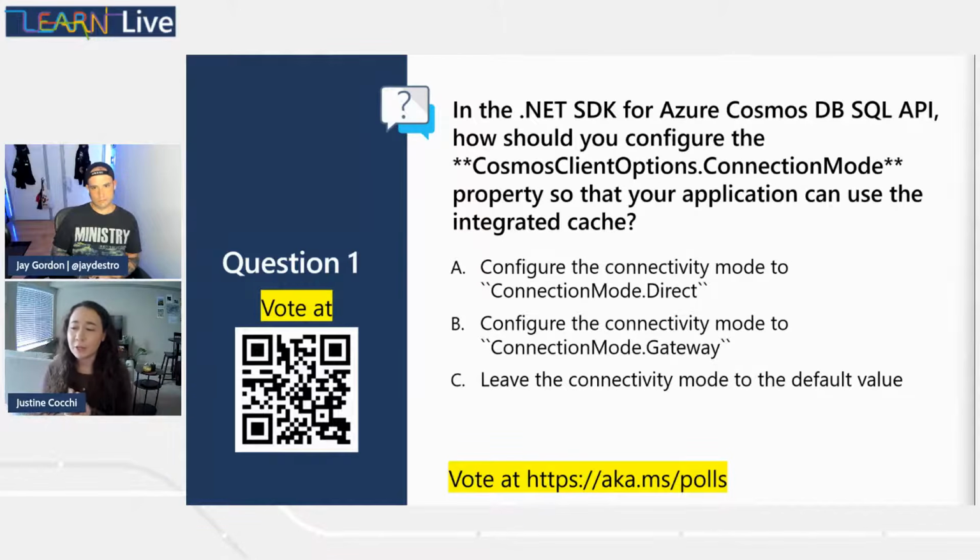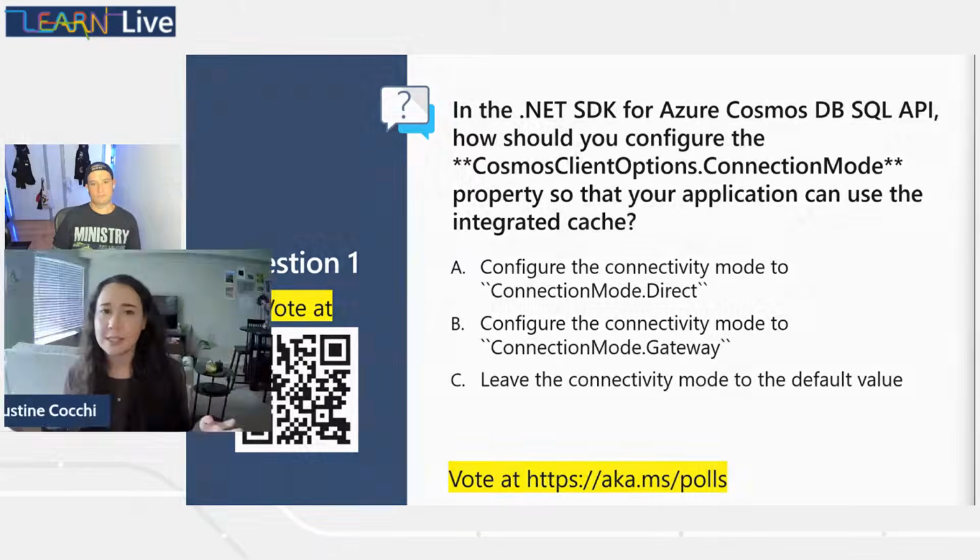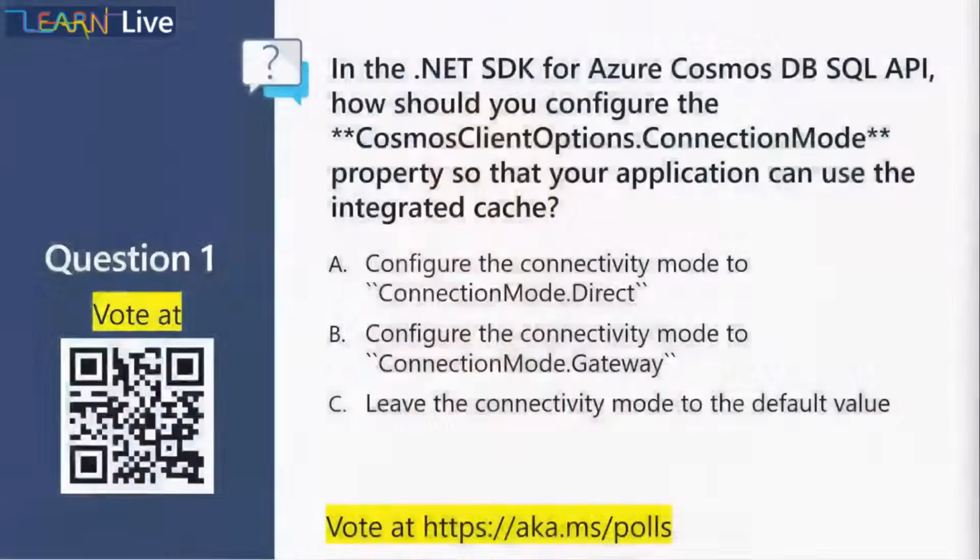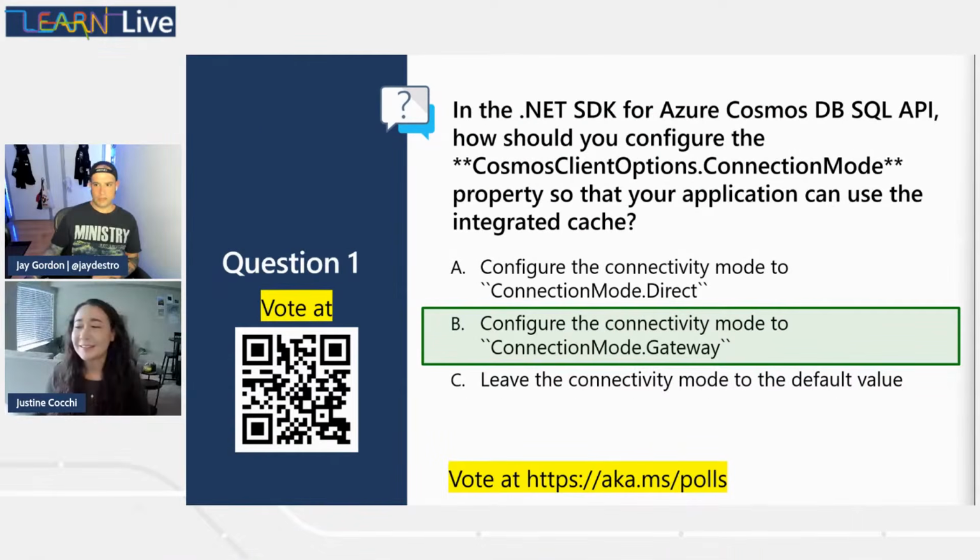Now, this is kind of a trick question because I know that there's different default values for different SDKs. We have mentioned in the title that this is the .NET SDK though. So the .NET SDK's default is direct mode. And because of that, I think I'm going to go with B. Yeah, I think I'm going to go with B, and you're right.